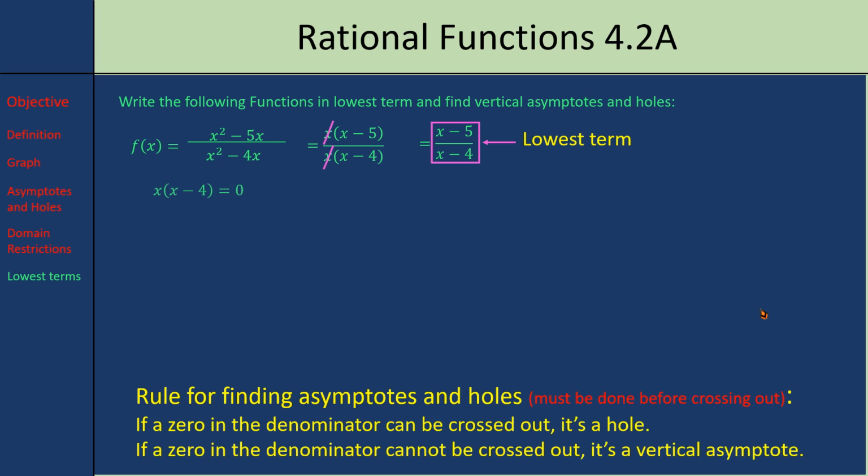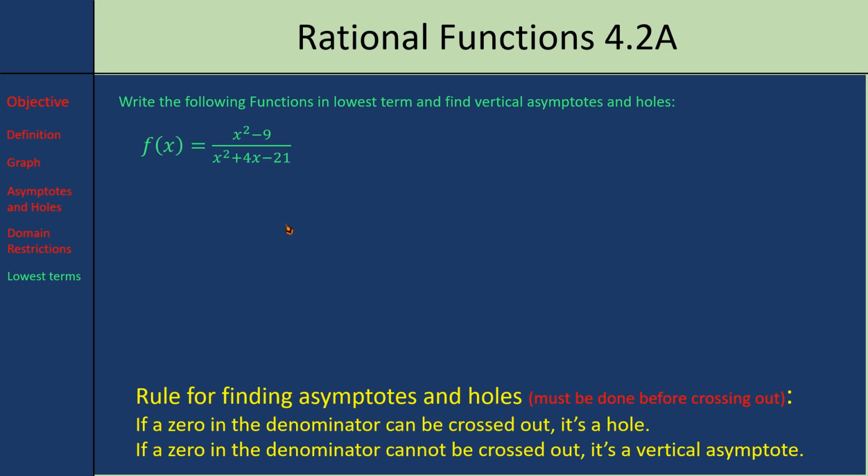So I look at x times x minus 4 equals 0. That's the bottom, and so I get x equals 0 or x equals 4. Now, which one is a hole and which one's an asymptote? The one that gets crossed out, the x, that gives you 0. That is the hole. The one that cannot be crossed out, the x minus 4, that is the asymptote. So I have a hole at x equals 0 and a vertical asymptote at x equals 4.